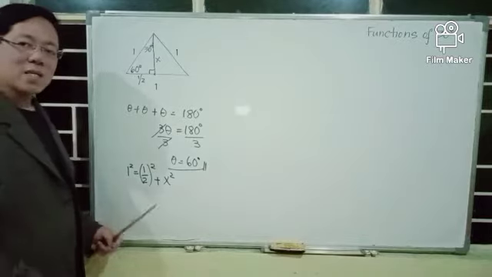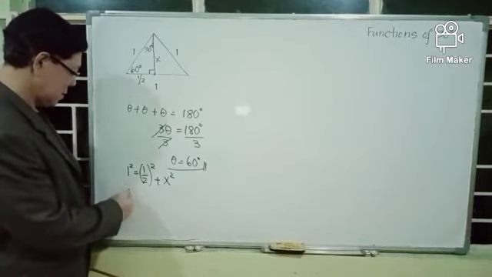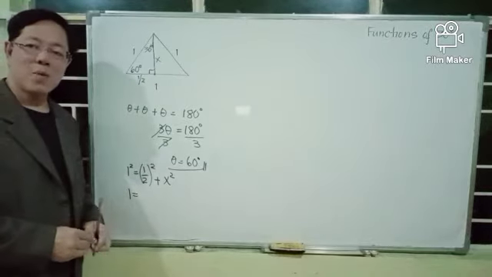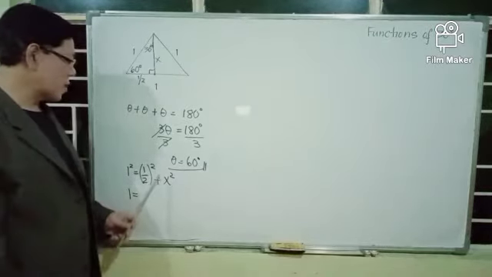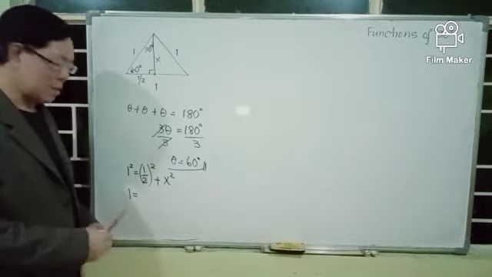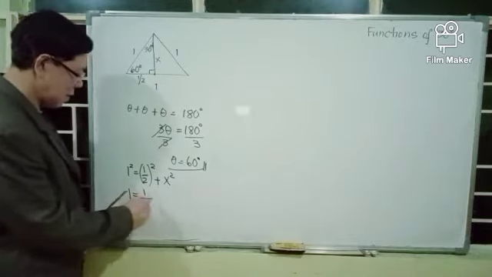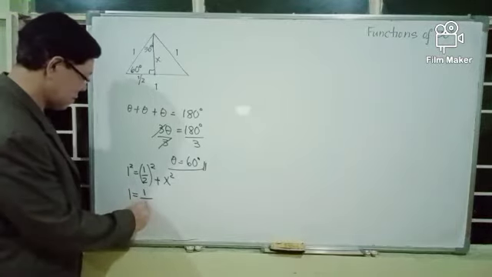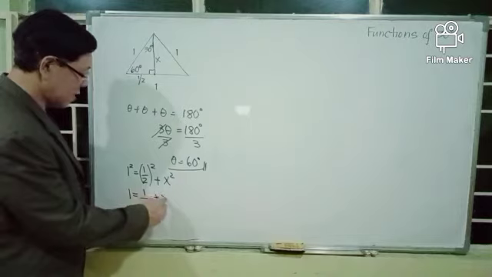The square of 1 is 1, equals the square of 1/2, by the property of exponents from your course in algebra, is equal to the square of 1, which is 1, divided by the square of 2, which is 4, plus x squared.